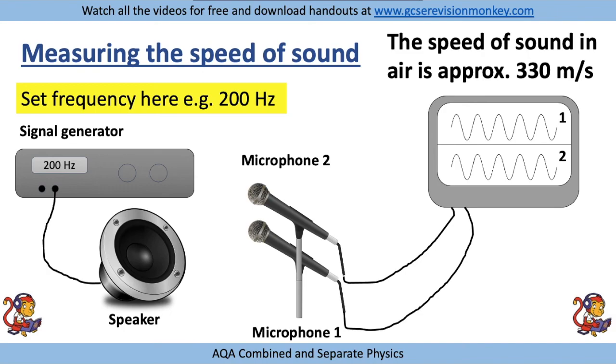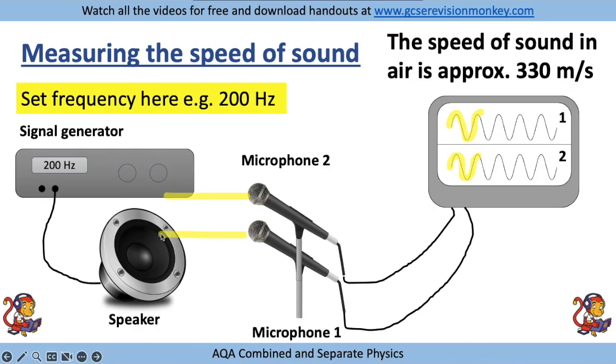Then, if we place two microphones equal distances from the speaker and connect these to an oscilloscope, we will get two different wave fronts on the oscilloscope. We'll get one for microphone 1 and another for microphone 2, and they will be identical because they are equal distances to the speaker.